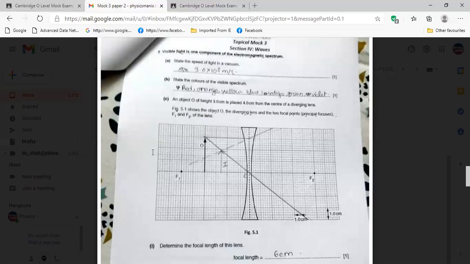So I gave the indicator one. Here an object, figure 5.1 shows. So it should go through this F1, right?